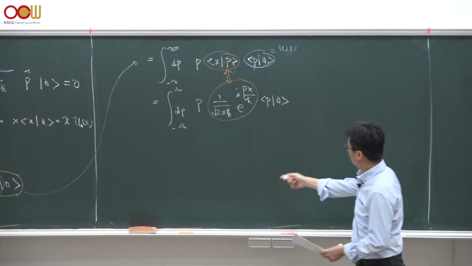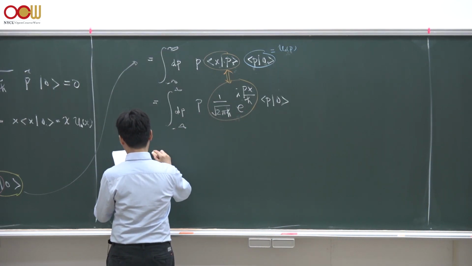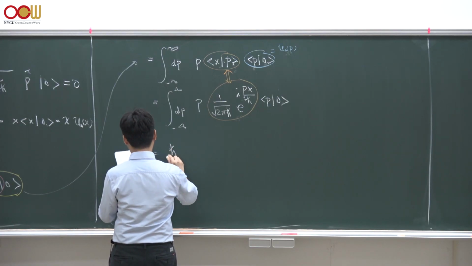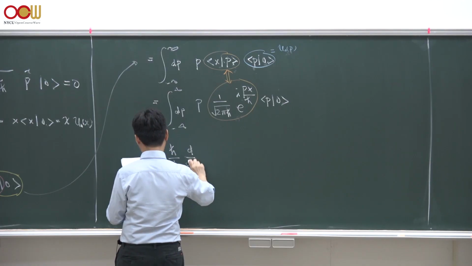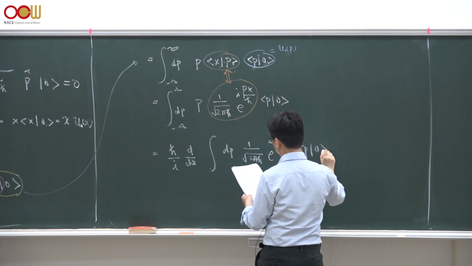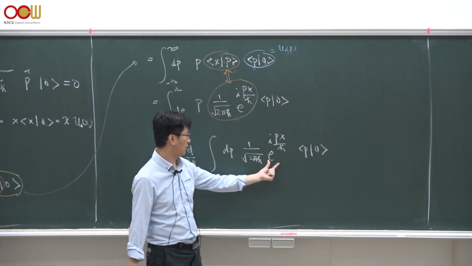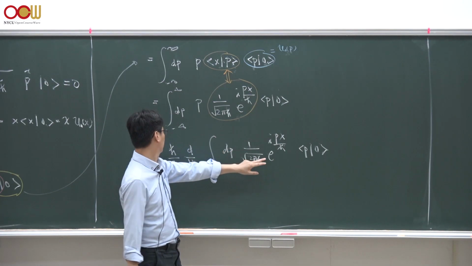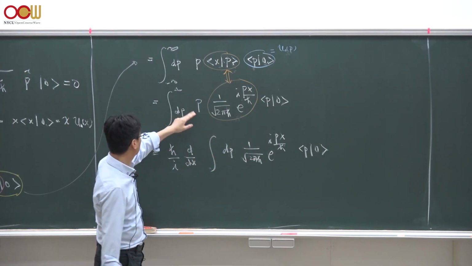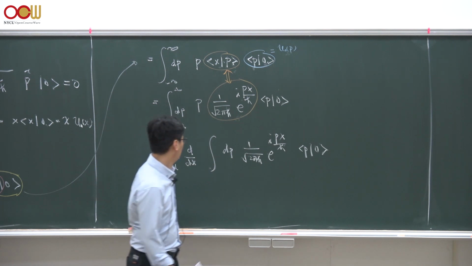But we could actually rewrite this stuff. This integral could be rewritten in terms of the momentum operator, h bar over i d by dx, acting on the same thing, right? Because when we take the differentiation of this exponential factor with respect to x, we pull out this factor of ip over h bar, which is precisely this p factor right here.